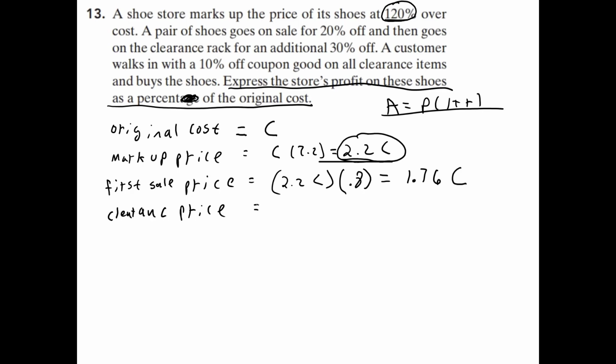is again going to go through another discount of 30%, right? It's not an increase of 30%, it's a decrease of 30%. So 1 plus r in this case is going to be 0.7, because it's going to be 1 minus 0.3, not 1 plus 0.3. And this is the price we started at, 1.76C.